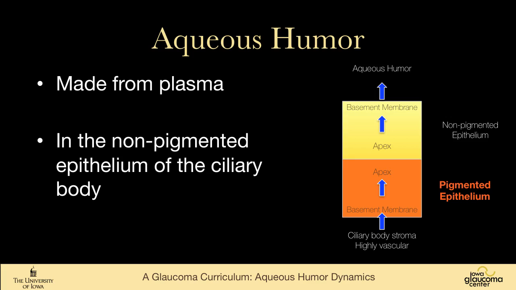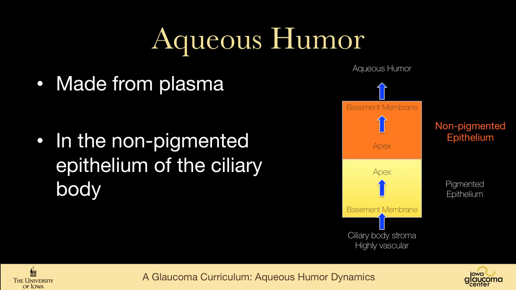It moves into the pigmented epithelium, and from there into the non-pigmented epithelium. Notice that the epithelial cells are apex to apex with the basement membrane on the outside of both cells. And from there it goes in, becomes part of the aqueous humor.